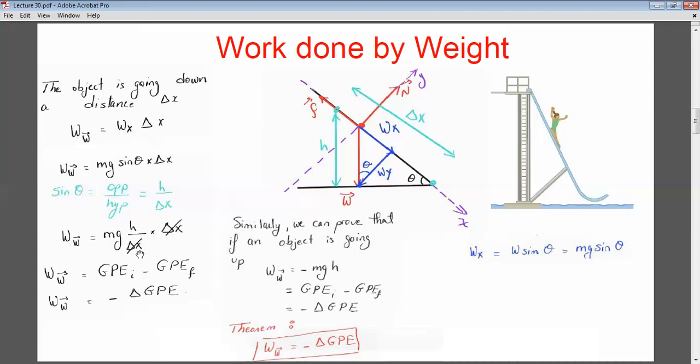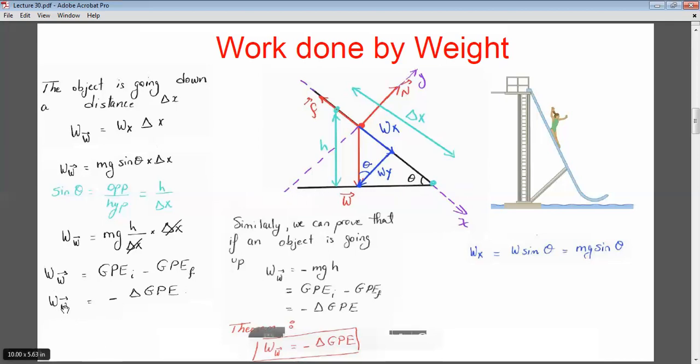Delta x will cancel delta x and I will be left with work done by weight equal to mgh. What is mgh? It is gravitational potential energy initial. There is nothing next to it that is minus gravitational potential energy final, which is 0 if we take this as our reference.